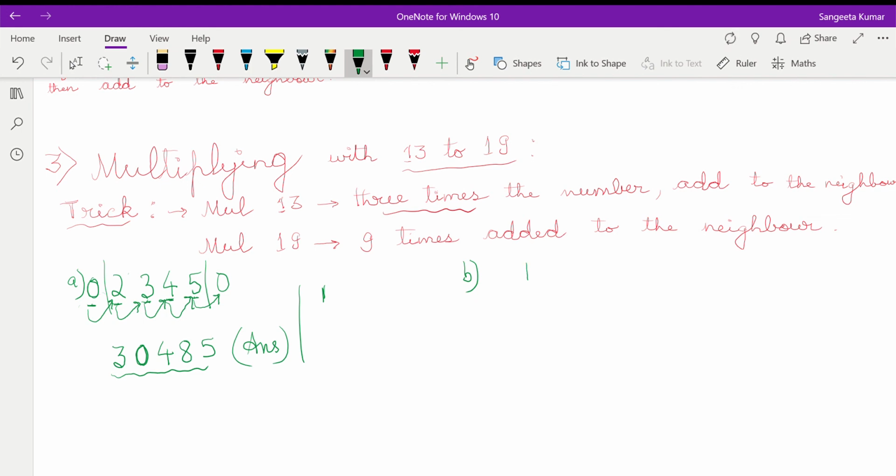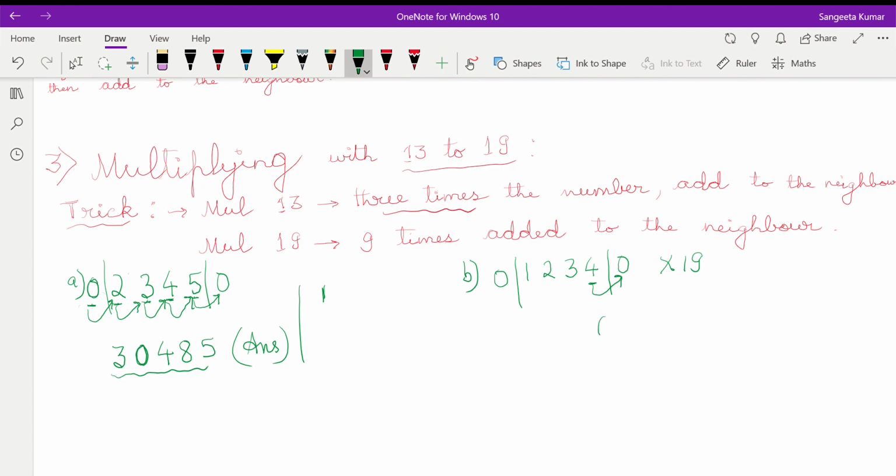A simple number 1, 2, 3, 4, which is to be multiplied with 19. So here we are going to put the strokes, add 2 zeros. Now here since 9 is there, every number is to be multiplied 9 times. So 4 into 9, 36. 36 plus 0 is 36.